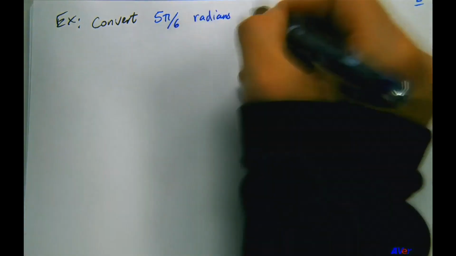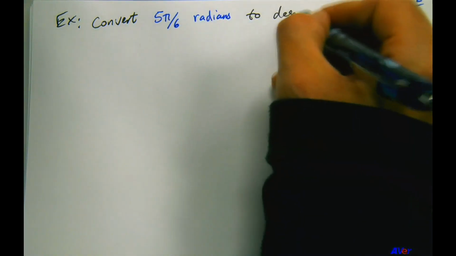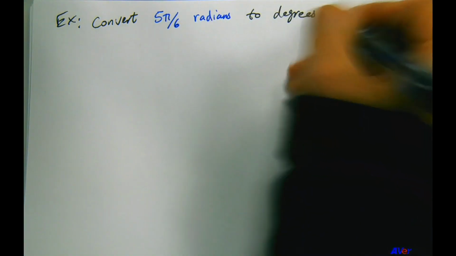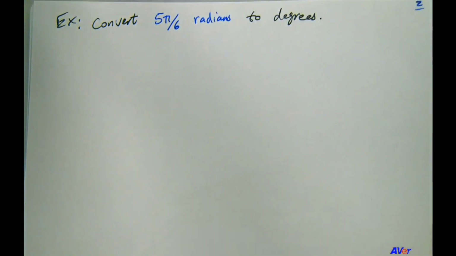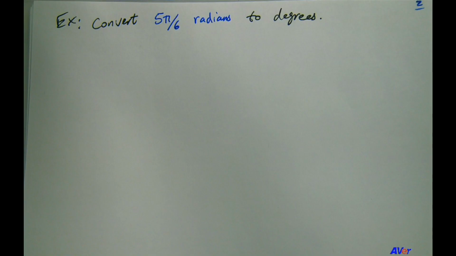to degrees. I strongly encourage you, throughout this course, to pause the video, because it's so easy to do when you watch the video. Don't watch this like we all would watch a movie without pause, of course.